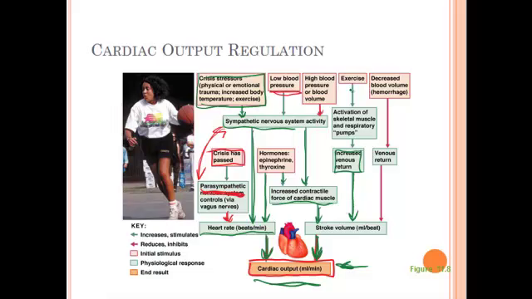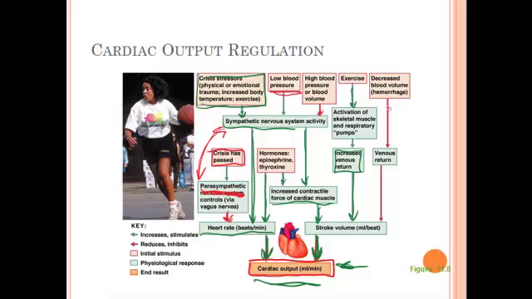Some things that can do this: exercise. As your heart starts to pump faster, that's going to cause more blood to come back to the heart, and so it's going to increase the stroke volume of the heart.